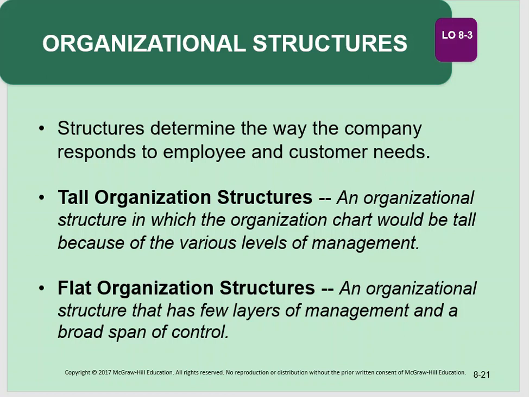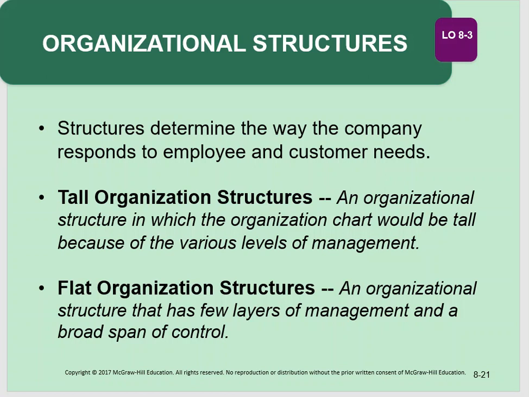A flat organizational structure has few, if any, layers of management, or just one layer of management, and thus a much more broad span of control. So where a tall organizational structure has many managers, a flat organizational structure has a broad span of control.